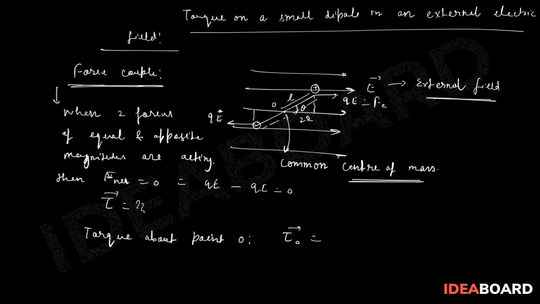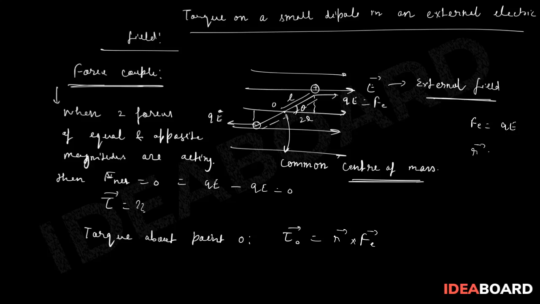So first of all I need to write r perpendicular cross F electric, right? The magnitude of F electric, Fe, is Q into E.